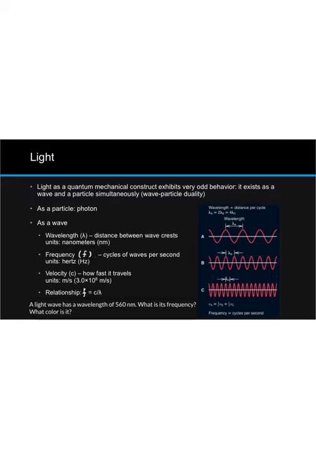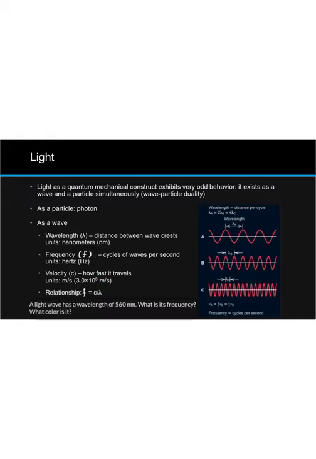We mentioned back in chapter 5 that light travels with a constant velocity under constant conditions. The velocity of light, how fast it travels, with units of meters per second, is a universal constant in a vacuum, 3 times 10 to the 8 power meters per second.